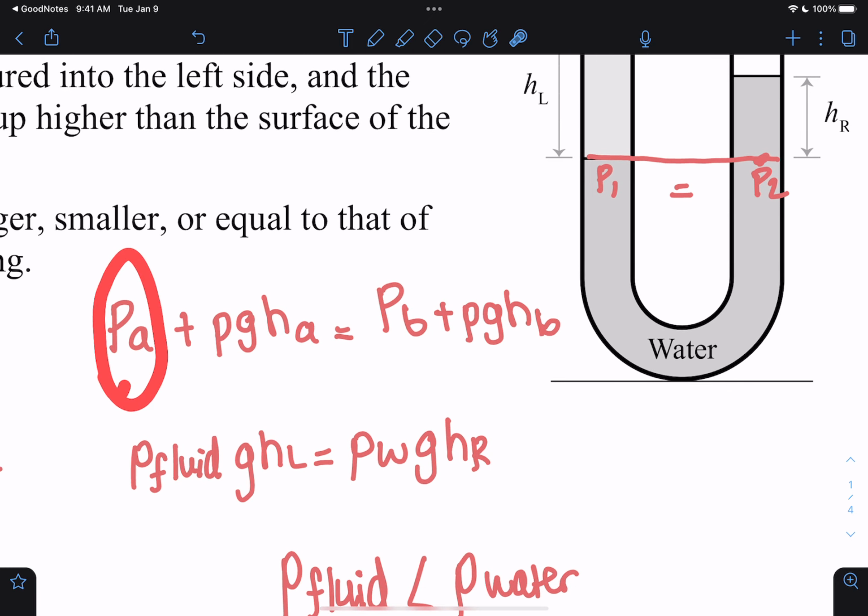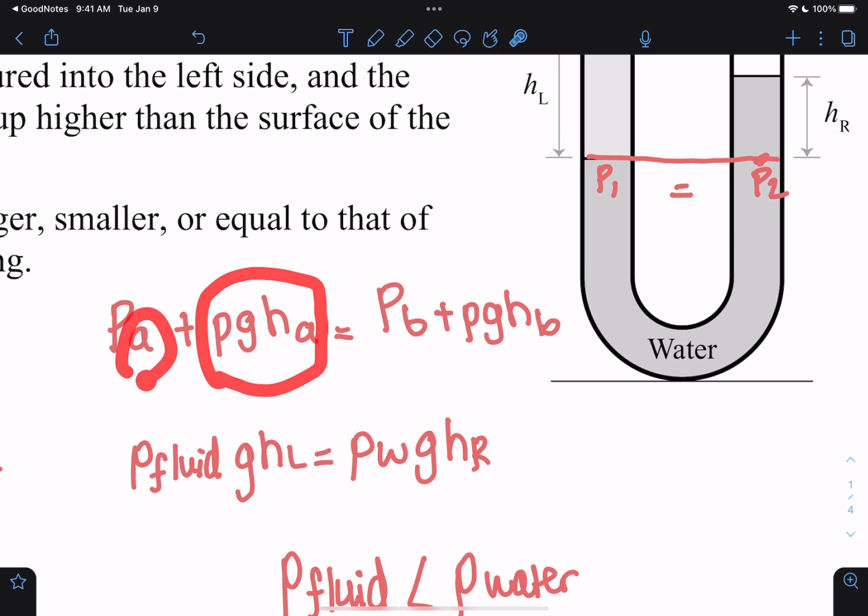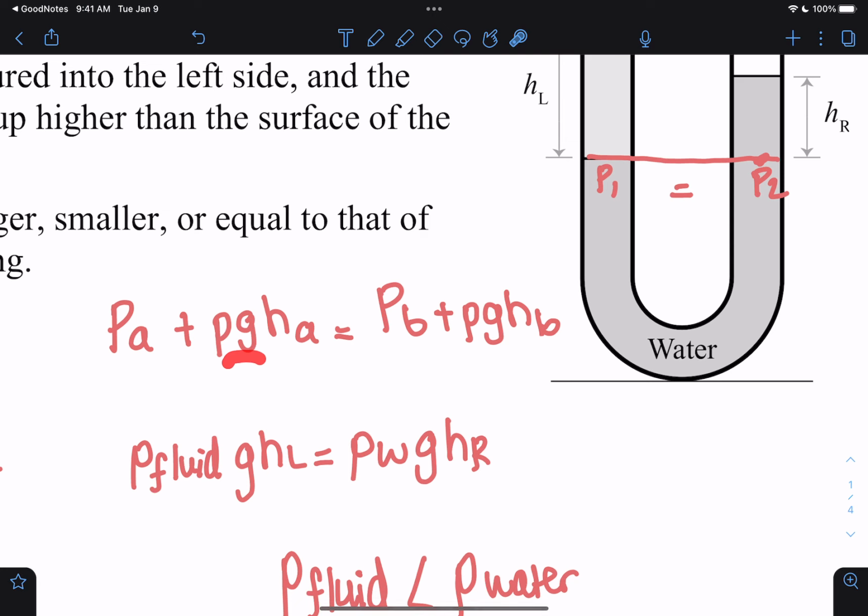And so if PA is equal to PB, if you subtract them on both sides, they should end up canceling each other out. So this is like 10 pascals, and this is 10 pascals. If you subtract 10 pascals on the other side, this goes to 0, this goes to 0. Now you're just left with rho g HA, so the density of fluid A, or the liquid, times its gravity, times the height of that liquid.